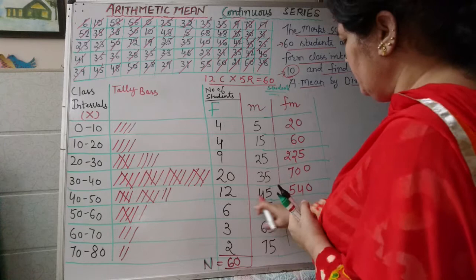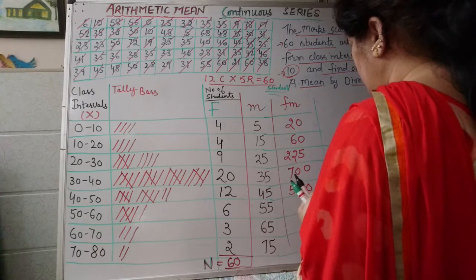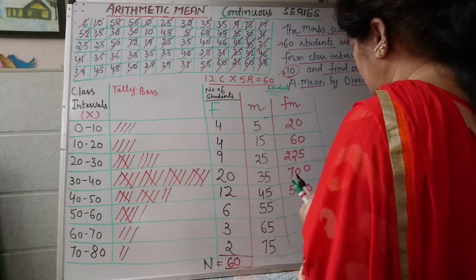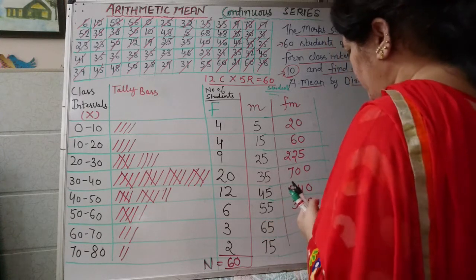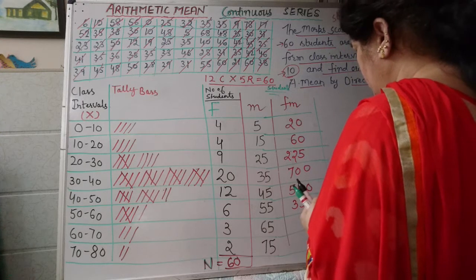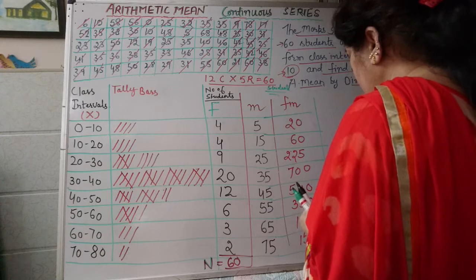Then 6 multiplied by 55, 330. Then 3 multiplied by 65, 195, and the last one is 150.